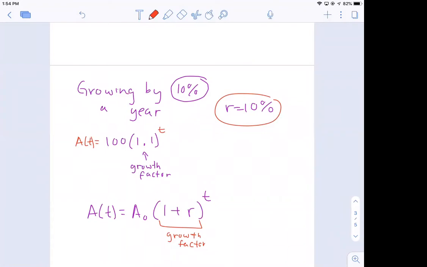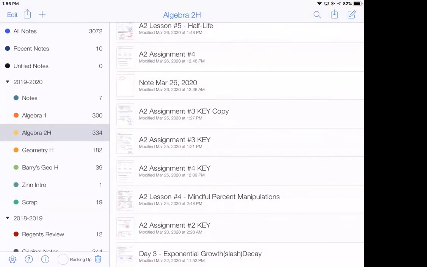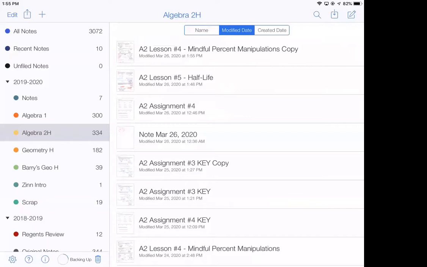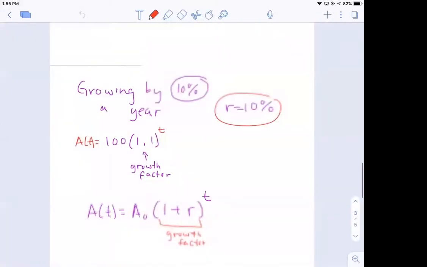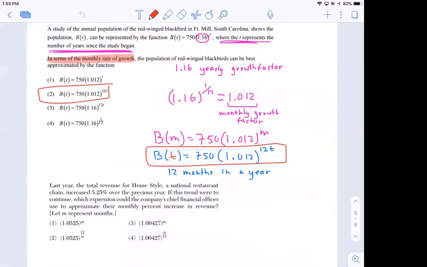The second to last question on the homework that was due yesterday. All right, what was the homework due yesterday? Yesterday was Wednesday. Was it assignment 4 or 3 that was due yesterday? 4, I'm guessing. Second to last question. This killer regions problem?